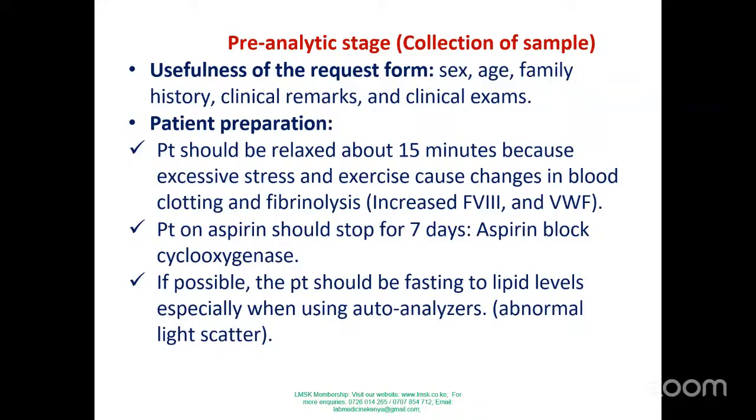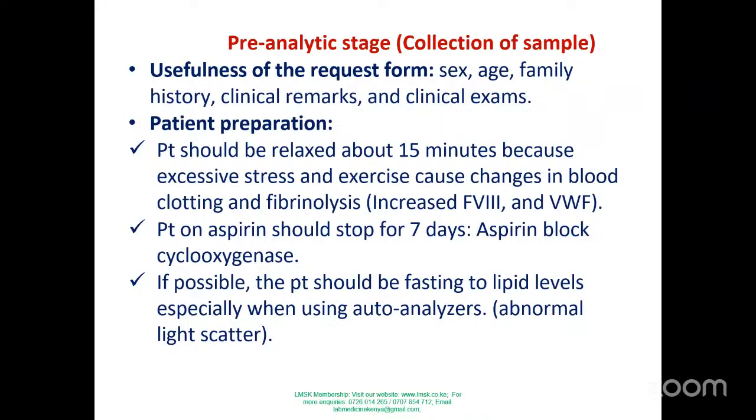And in the first bullet, we are just talking about some of the information that you are likely to find in a request form. For example, the sex of the patient, the age, the family history if necessary, the clinical remarks, like for example, whether these patients are on anticoagulants such as warfarin.